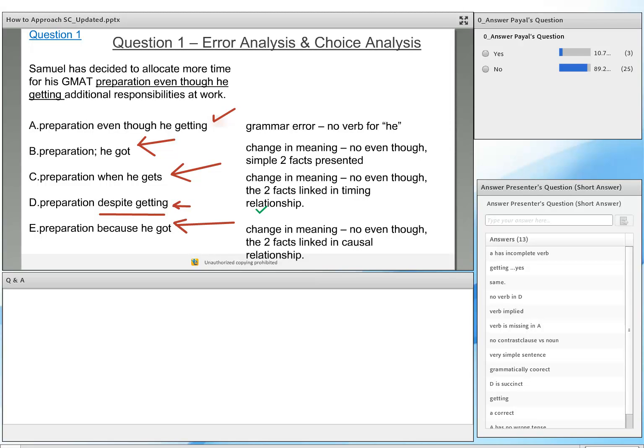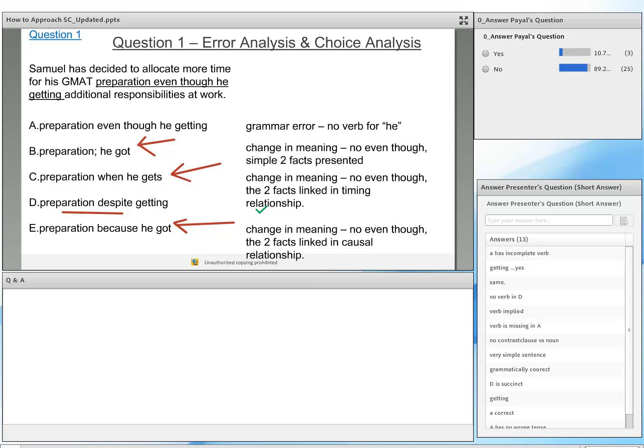That's how we were able to distort the meaning in this sentence. Secondly, the correct choice was actually written in a very different sentence structure. That is another thing we need to be very clear about: the correct choice may be written in a different sentence structure, so we need to be open about that.